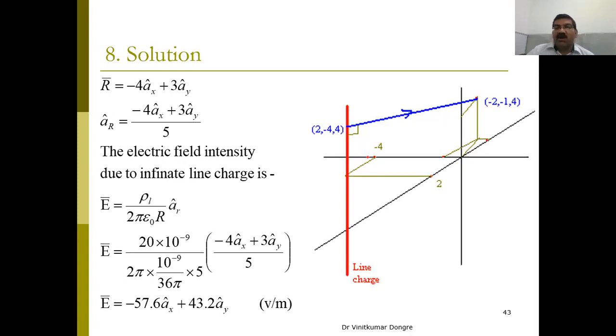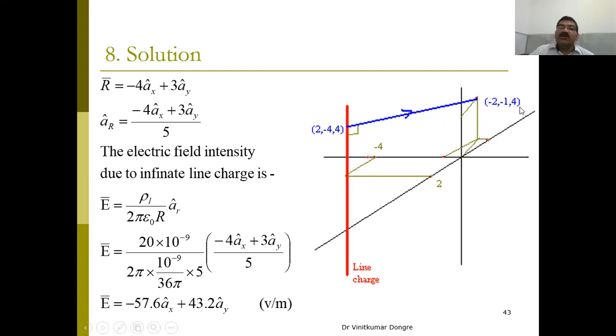I'll repeat it again. Just be very careful. Here you have a point minus 2, minus 1, 4, where you are interested in finding the electric field intensity. And in the problem, the line charge is given. What is the line charge passing through? x equals 2 and y equals minus 4, so directly put x equals 2 and y equals minus 4, because all the points on this line will have these values. For z there are multiple possibilities, but the required thing is a perpendicular vector from the line charge to this point.